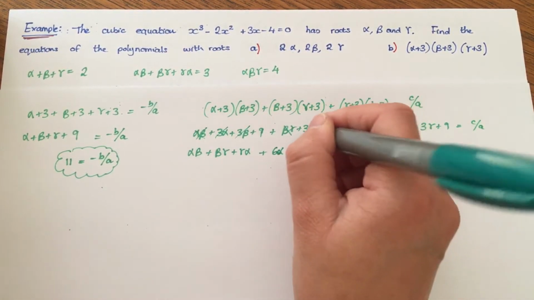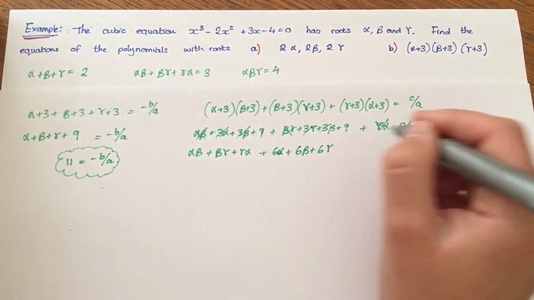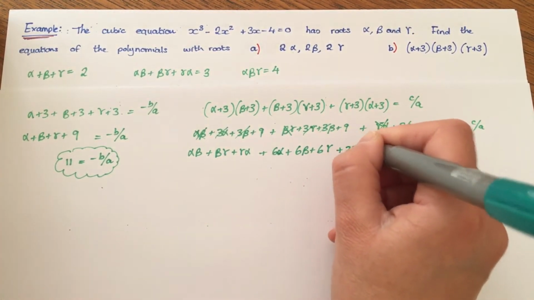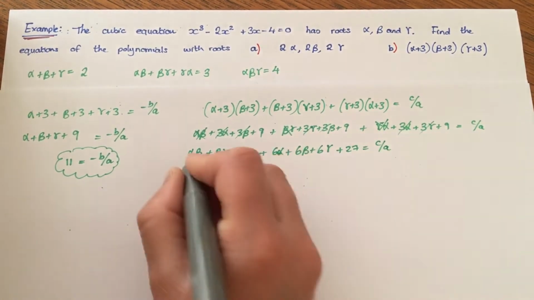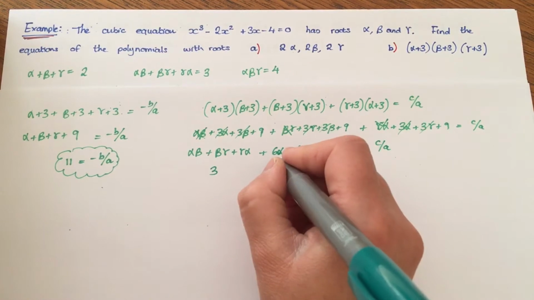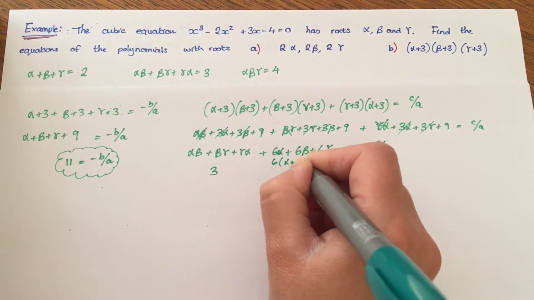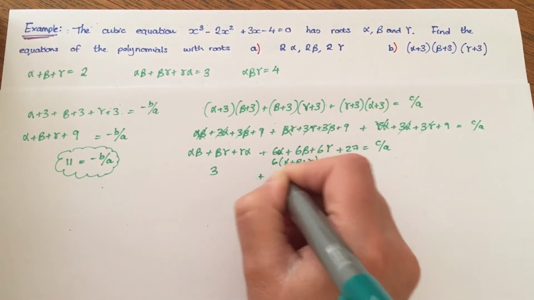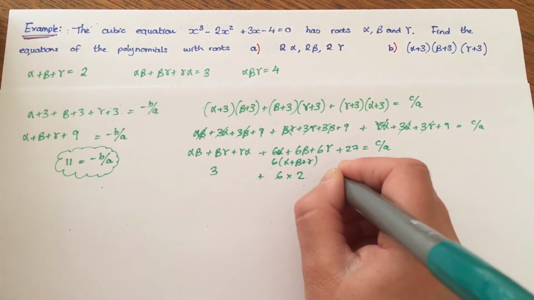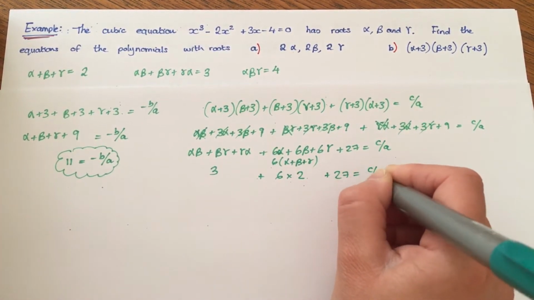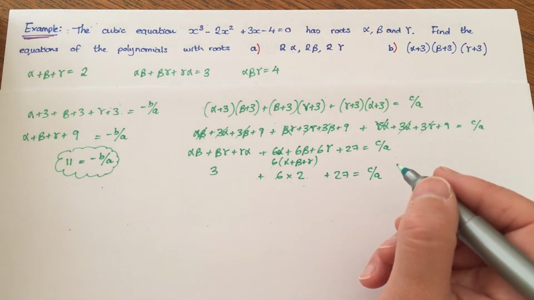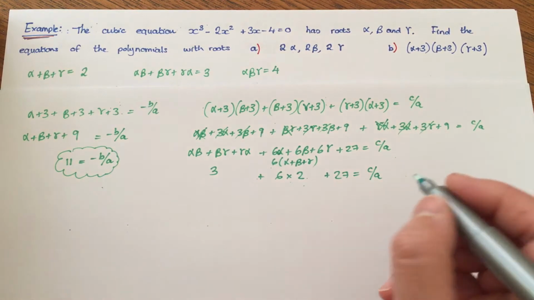And 9, 9, 9, 27. So that one I already know is 3. This is the same as 6 times alpha plus beta plus gamma. So 6 lots of 2 plus 27 equals c over a. So 42.